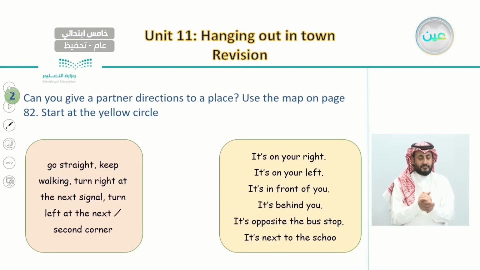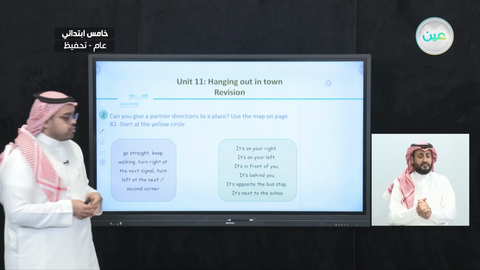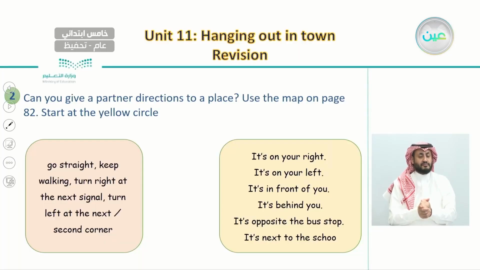And also we have a couple of phrases that can help you when you are giving directions to different places. These phrases are like go straight, keep walking, turn right, turn at the next signal, and turn left at the second corner.